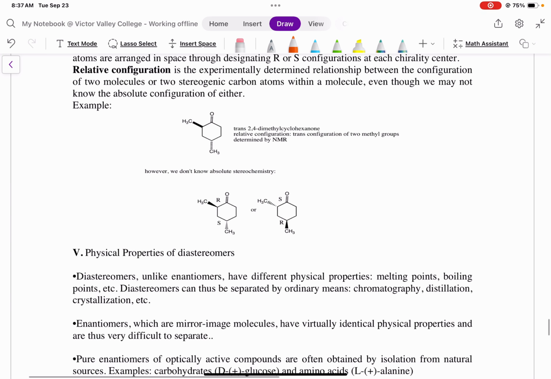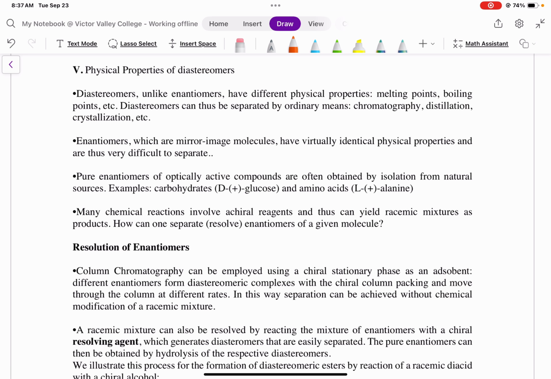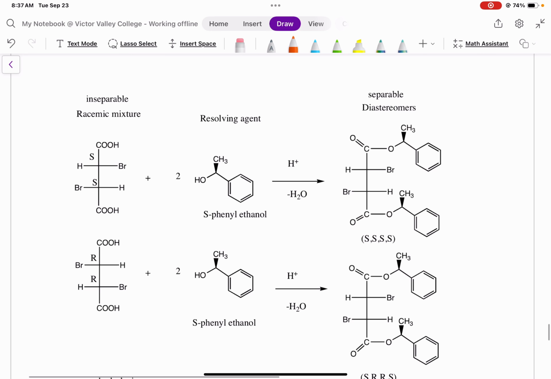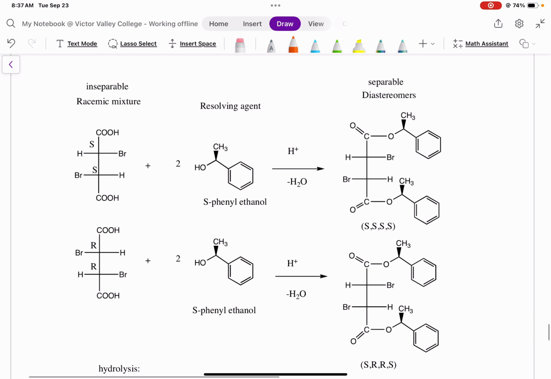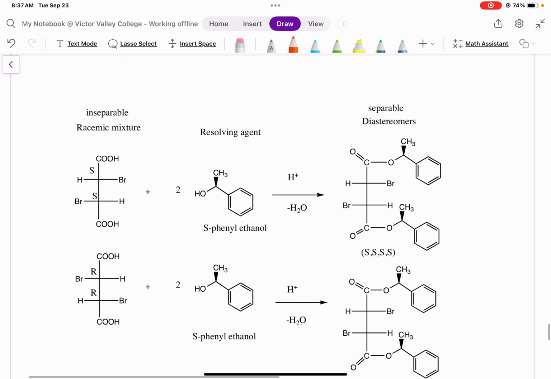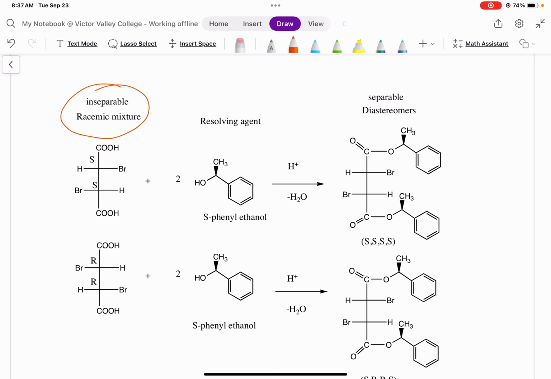Okay, a couple more examples for you guys to look at, and these are ways that we use different nomenclature, how we classify the chiral compound, like D versus L. And the last great topic here is how we separate a racemic mixture.